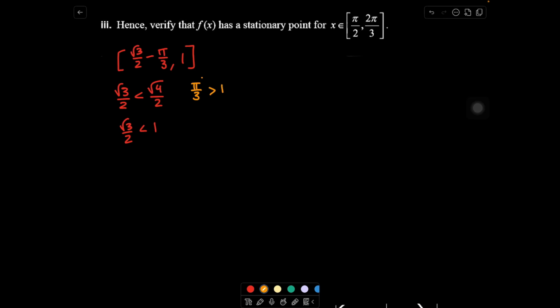So now we have a number that's bigger than 1 and a number that's smaller than 1. So if we have a number that's smaller than 1 minus a number bigger than 1, overall that's negative. So that means this has to be negative. So therefore, our derivative is equal to 0 somewhere in this interval.